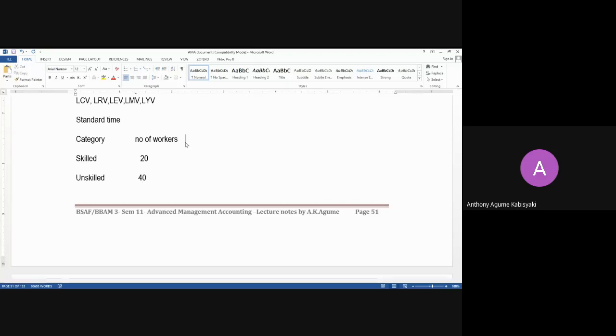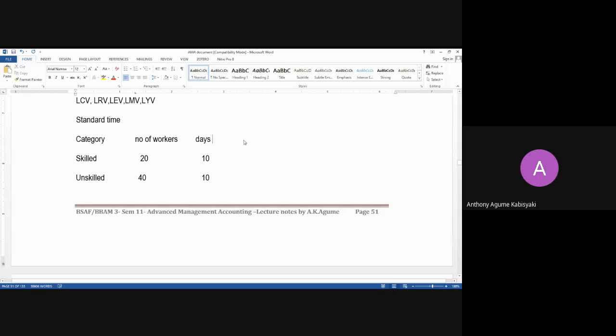And the time, the days: here they're going to work how many days? The standard days are 10, and here they are also 10. They're also 10 days.